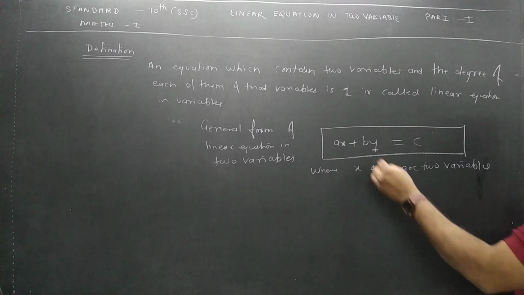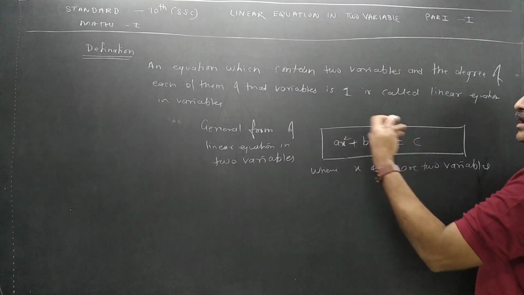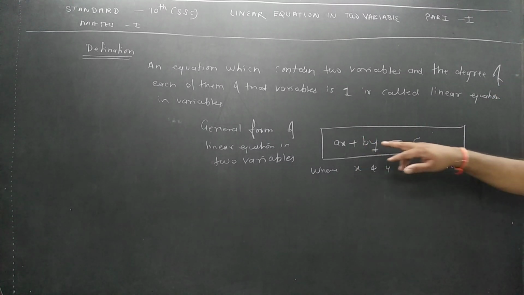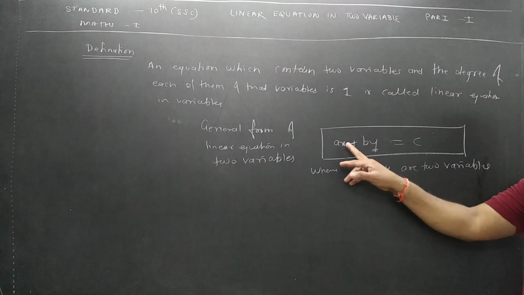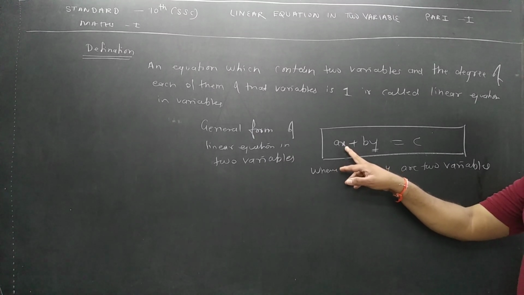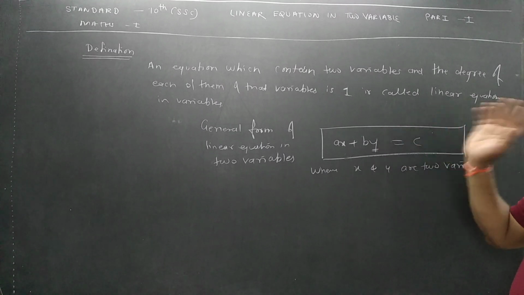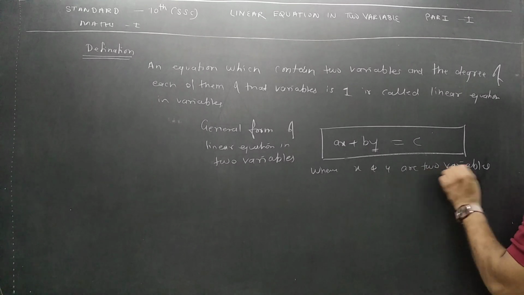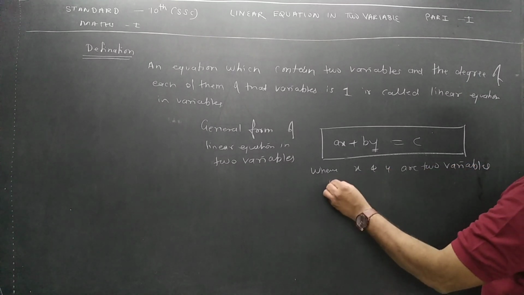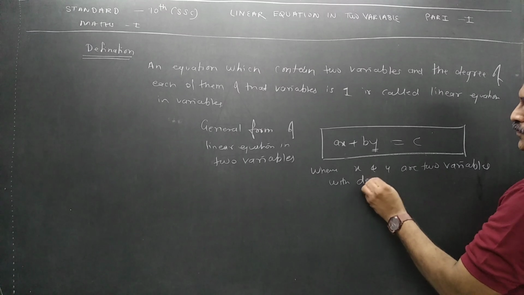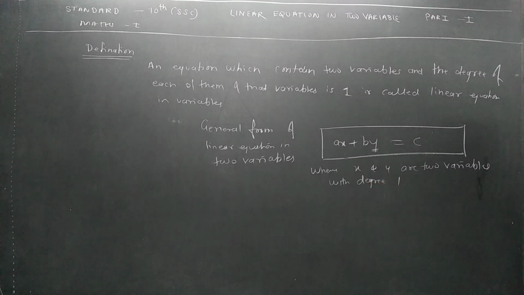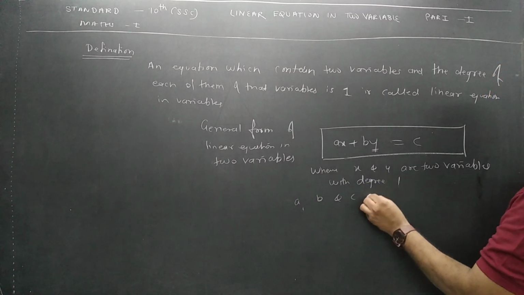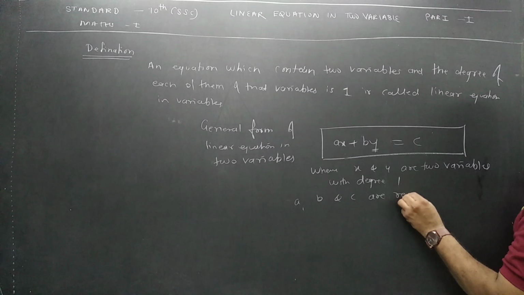We know that if I write x square, the degree will be 2, x cube, the degree will be 3, but here the degree must be what? We have not written any degree, so it is 1. As per the condition, the degree of x should be 1 and the degree of y should also be 1. So x and y are two variables with degree 1, and a, b and c are real numbers.